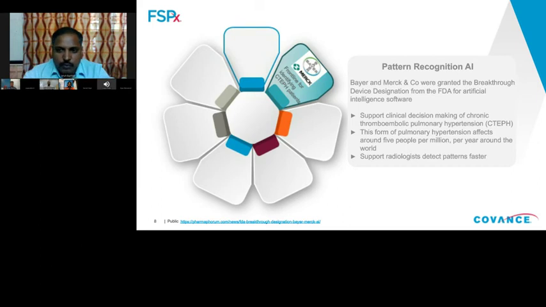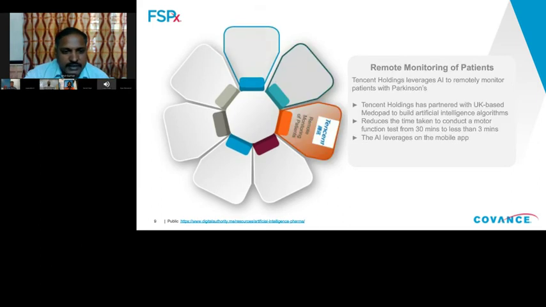And next, what we see is Tencent, a technology company. Tencent has partnered with a UK-based artificial intelligence company called Medopad. They have come up with a remote monitoring application for patients with Parkinson's disease. Again, this is a software which is enabled in smartphones.